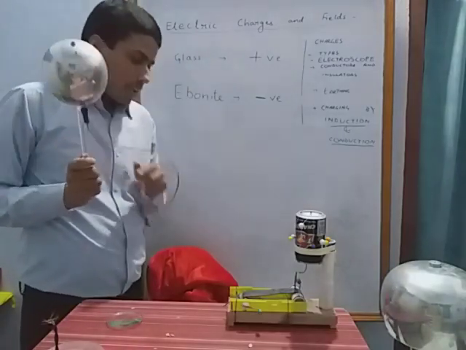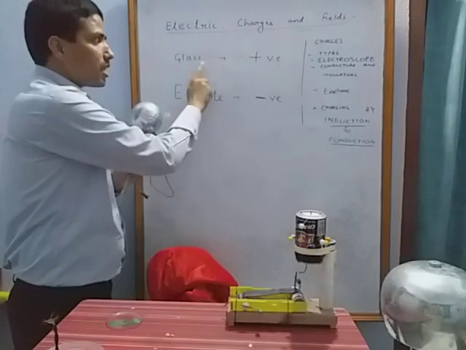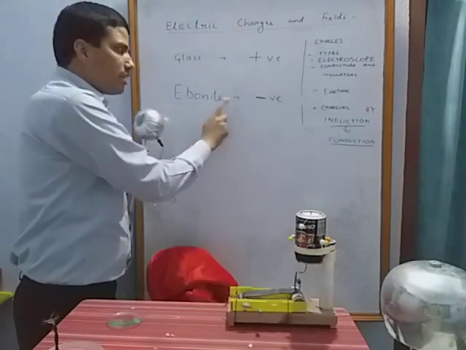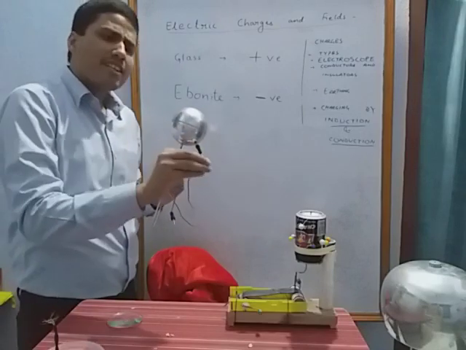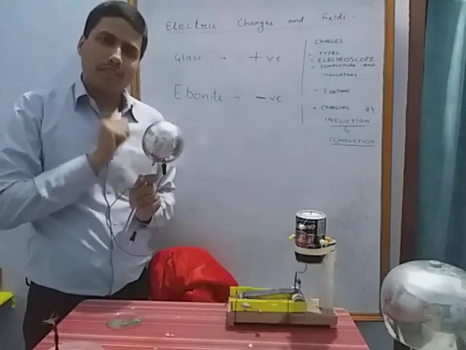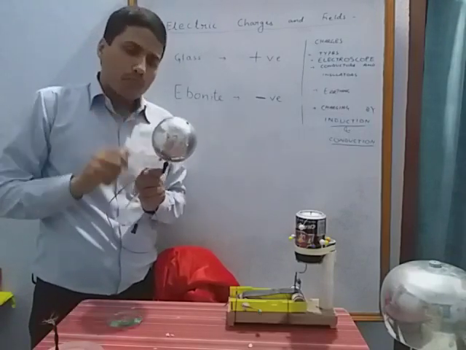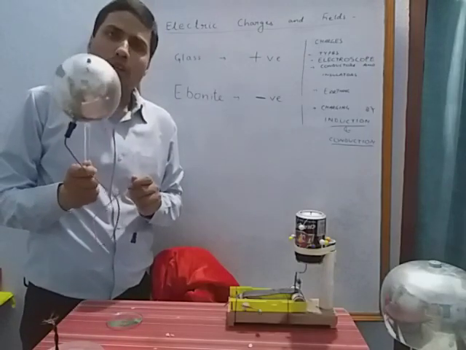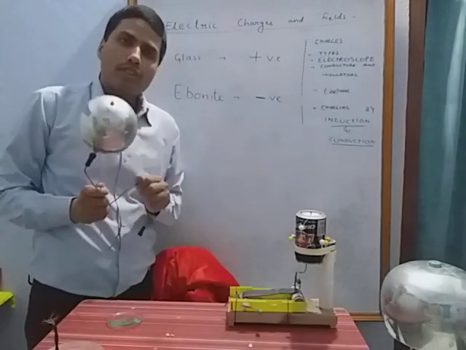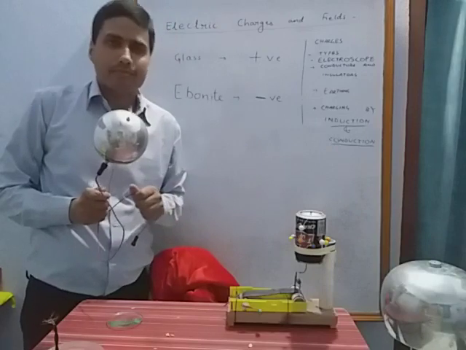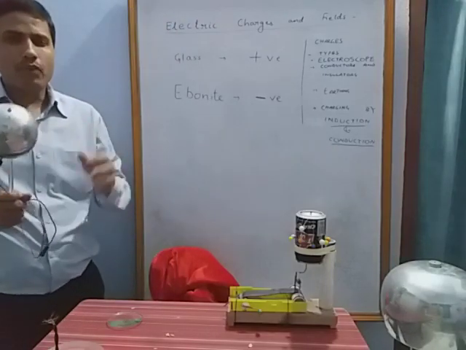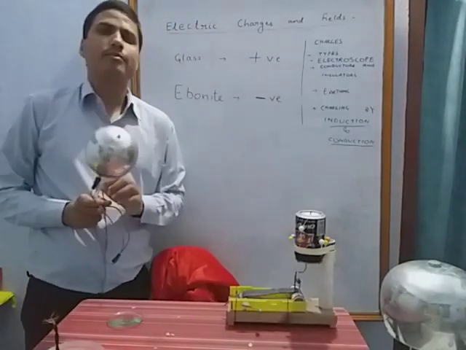Let me bring it. I brought a positively charged glass rod. I brought a negatively charged ebonite rod. You observed attraction and repulsion. Question: what would you observe if I bring a neutral body of metal close to this generator? Think for 5 seconds, 10 seconds.